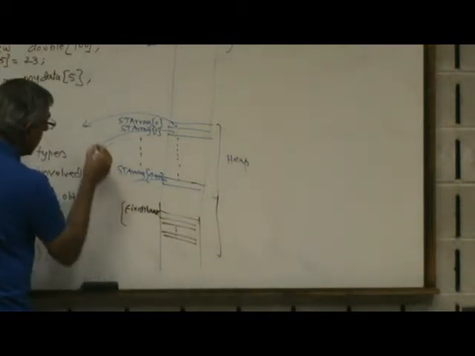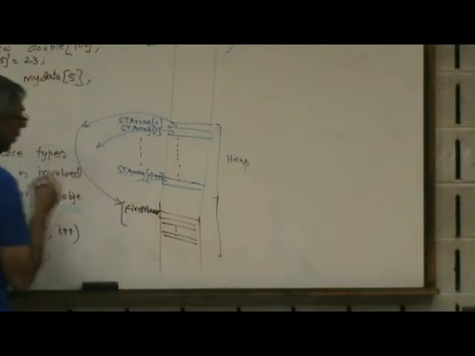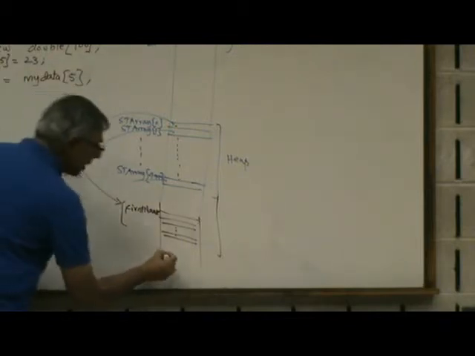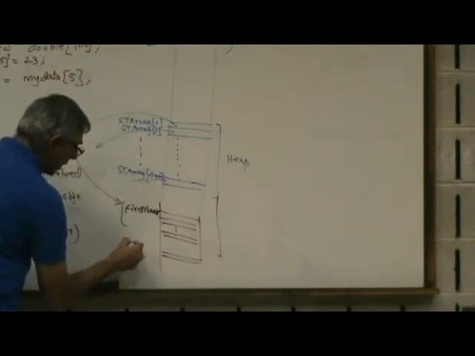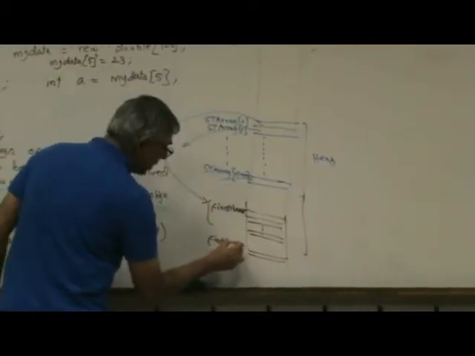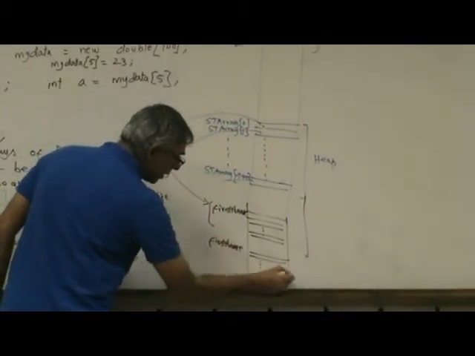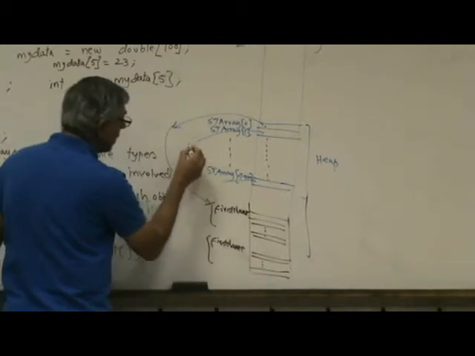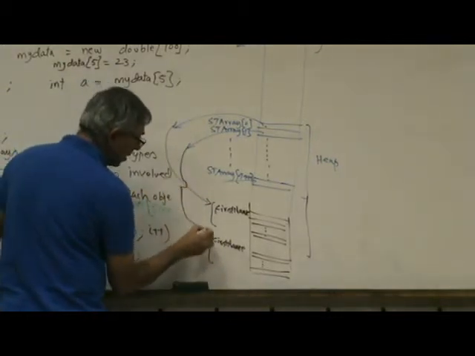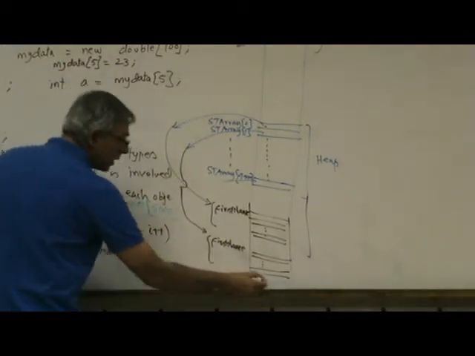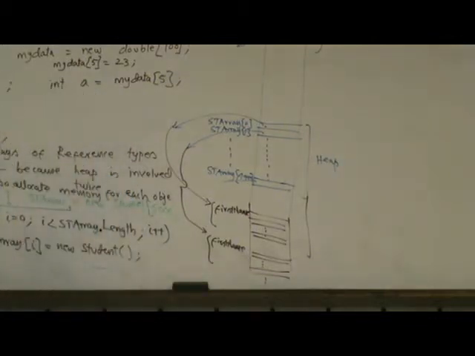Then strArray of 0 will point over here. Then it will create another object, first name, memory for the second student, last name, and so on. And the second one points over here, and so on. So for all 5,000, it will allocate 5 fields for each one of those array indices.